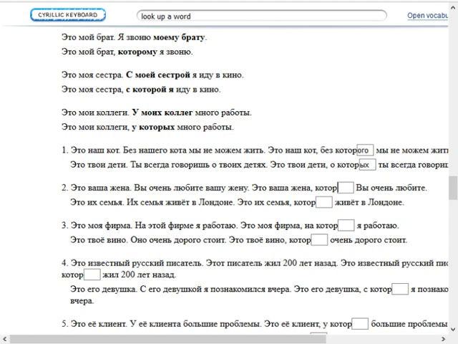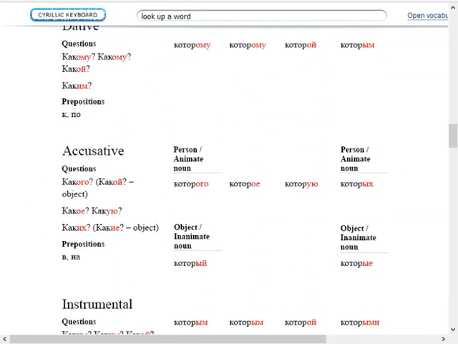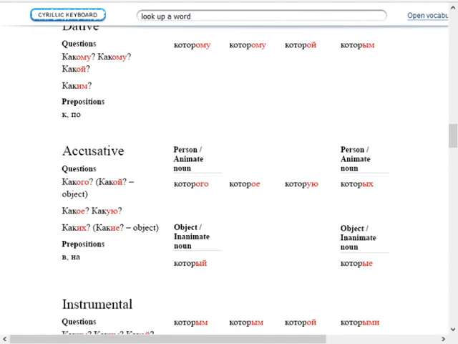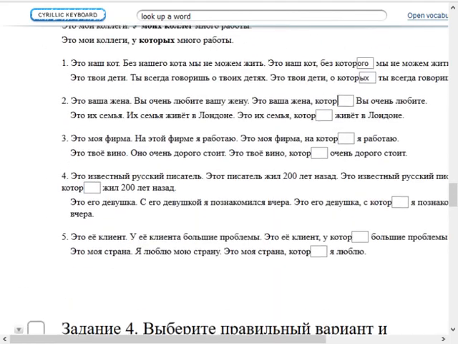That's because the wife is the direct object of the love. So feminine accusative, and remember, obviously the wife is an animate noun. She's an animate object, not an inanimate object. So она accusative should be которую.